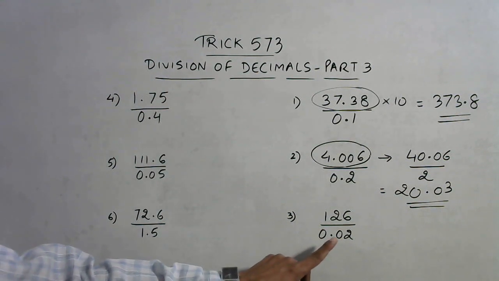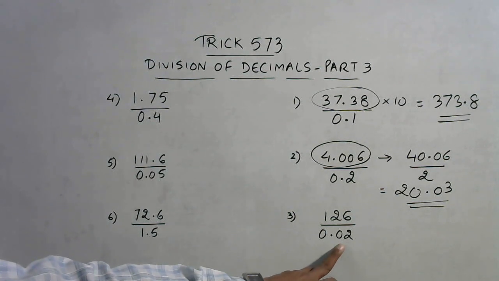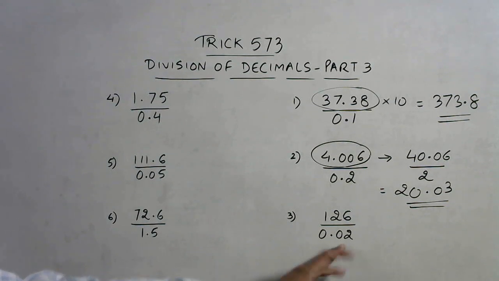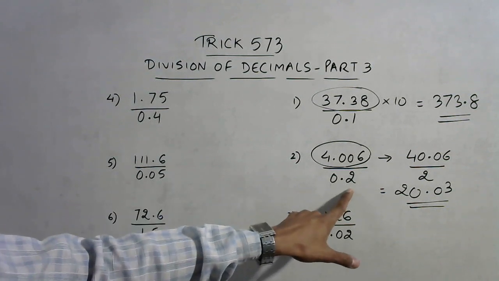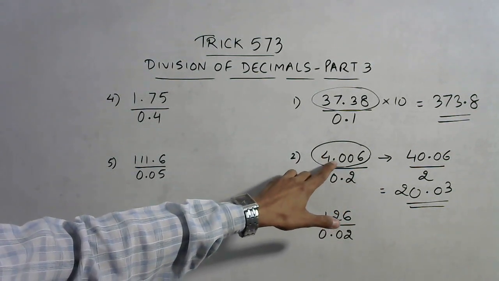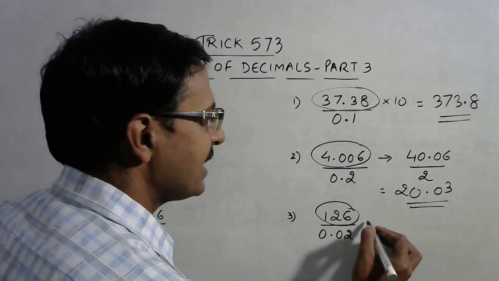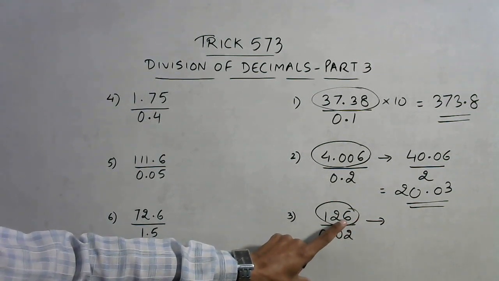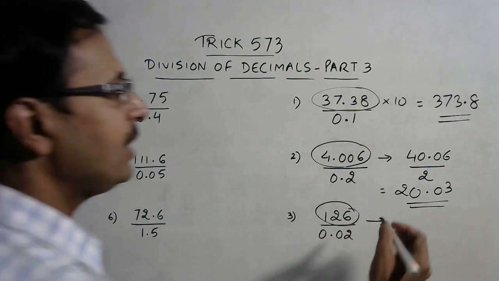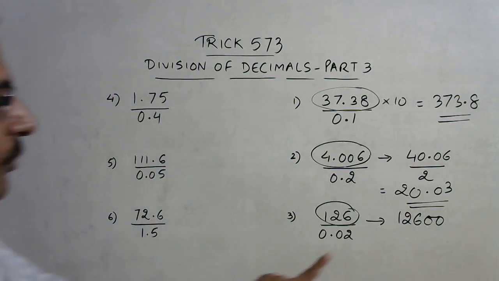Let's see 0.02. Now we have two digits after the decimal place here. So whenever we have two digits after the decimal place, we need to shift the decimal two digits towards the right side. Here the number doesn't have a decimal, so what we do is just put two zeros, and now we have a 2 in the denominator.